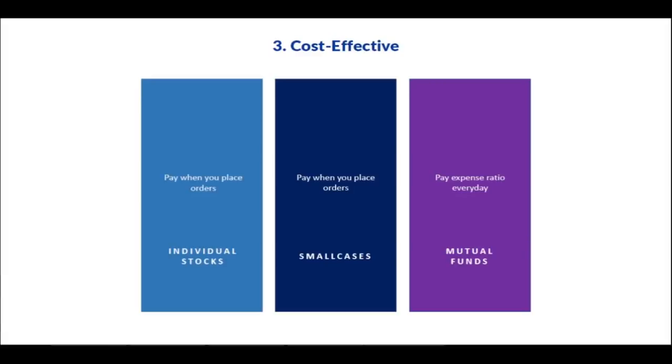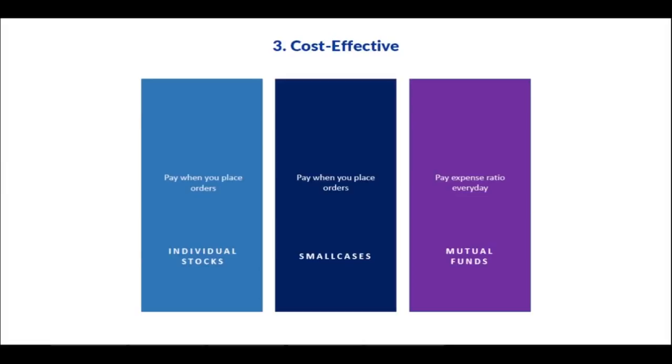That is divided by 365, and every day that is getting deducted from your investment, which is your fees that you're paying. And as you know, fees are like permanent losses. So, the lesser the fees you pay, obviously, the better returns that you get. Exactly. Same philosophy with smallcases. You only pay when you place an order. That is the brokerage that is usually charged. Right. There's no other charges at all right now associated with it. Like stocks, when you're placing an order, you pay fees with smallcases.